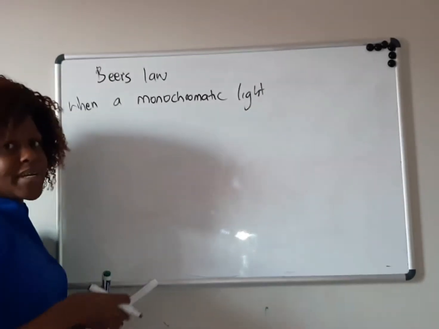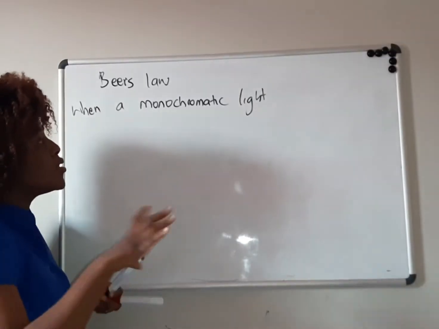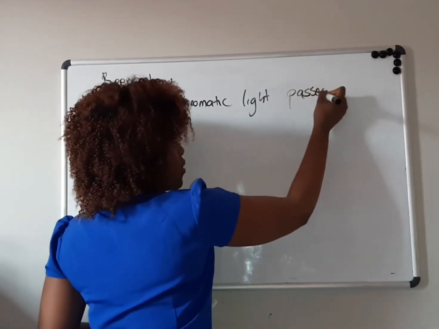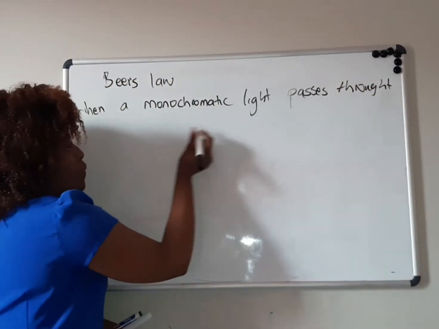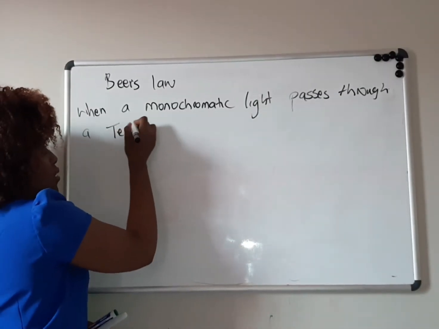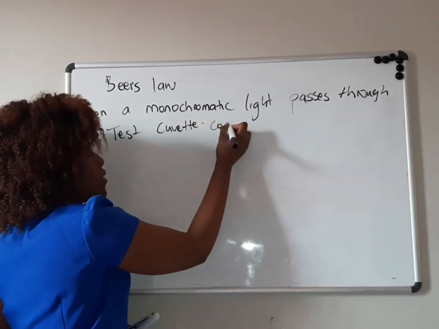So monochromatic means mono means one. So a light with a single wavelength passes through a test cuvette containing a patient sample.